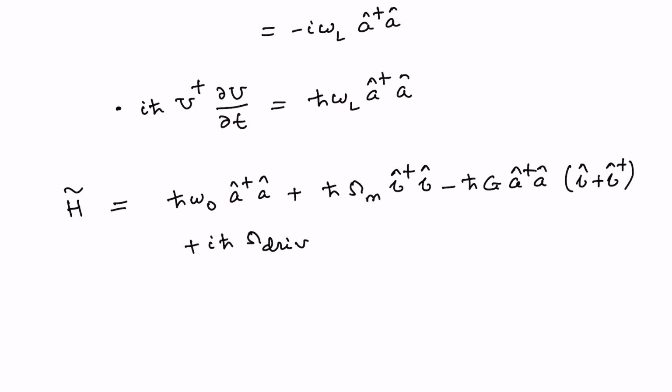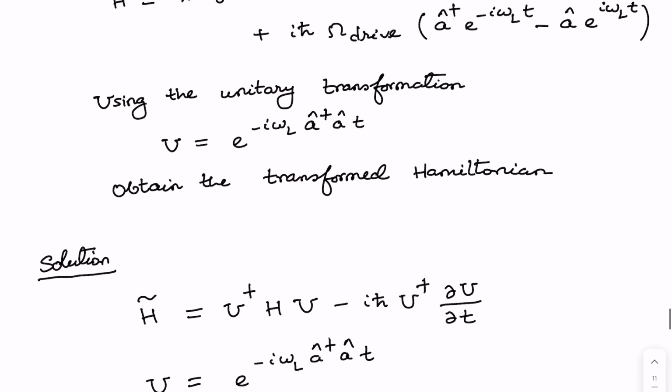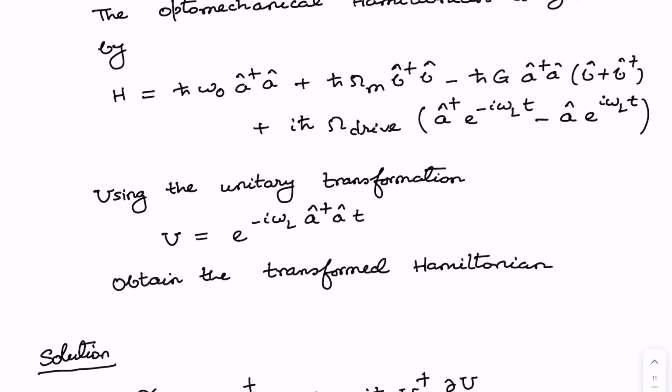Now here you have a dagger e to the power minus i omega_L t. Just look again at this expression. But as you have seen, when you have done the transformation, a dagger is going to be replaced by a dagger e to the power plus i omega_L t.